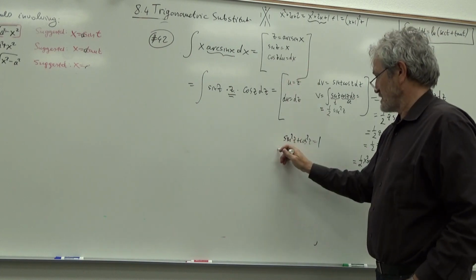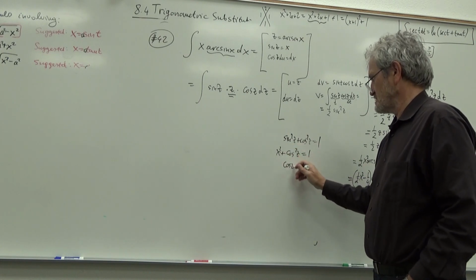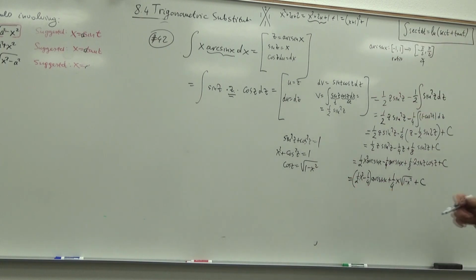Sine squared z, so x squared plus cosine squared z is 1, so cosine z from here is square root of 1 minus x squared. I just disregarded again that other case where it's negative, so it's just square root of 1 minus x squared.